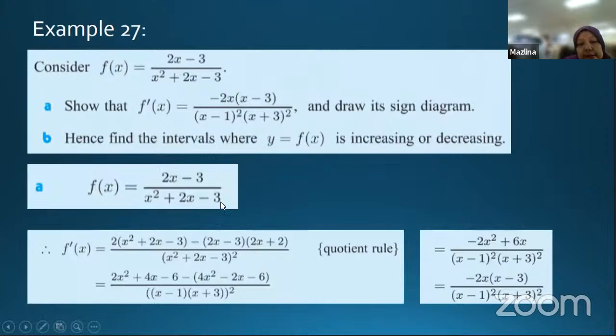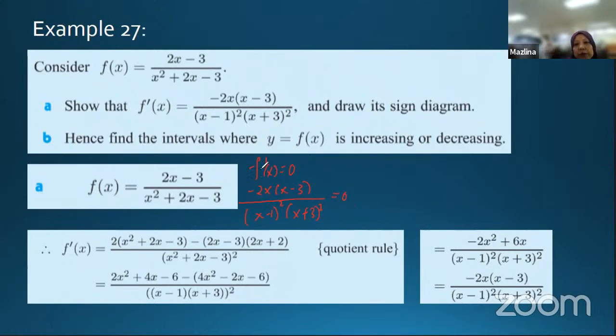Increasing and decreasing. Okay, if we let this f prime equals to 0. All right, look at this. If we have our f prime x equals to 0, just now we have this whole thing equals to 0, right? Negative 2x, x minus 3 over x minus 1 square and x plus 3 square equals to 0.